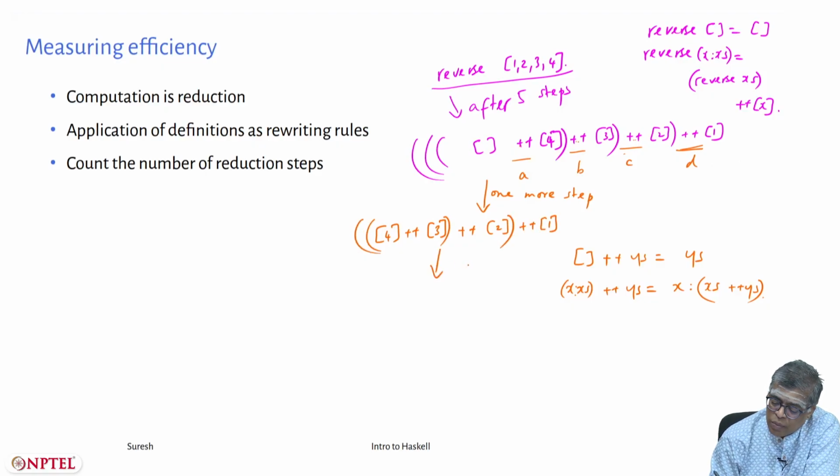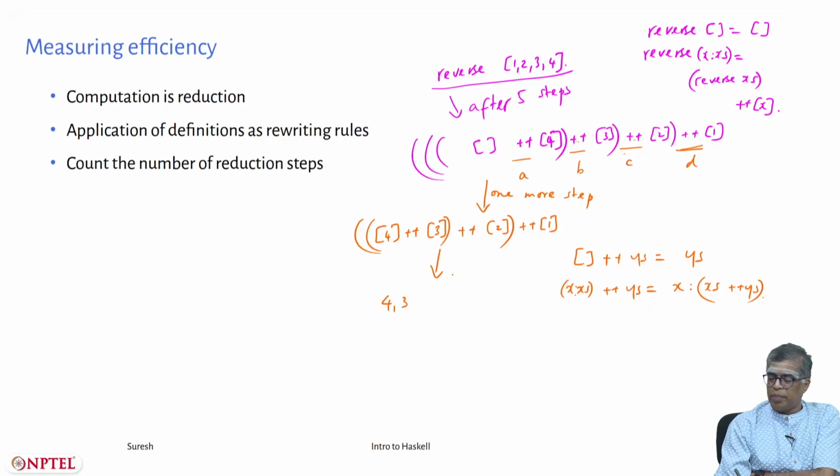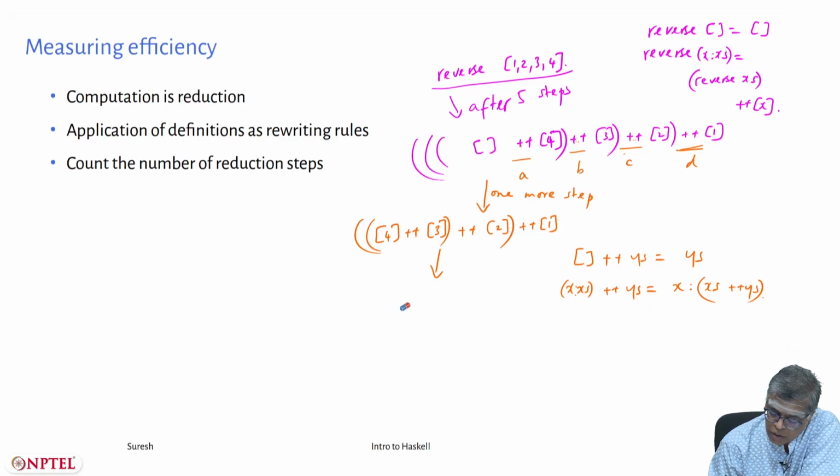Okay. After one more step you will get 4 followed by 3. Let's assume it's just one more step. Technically speaking, you have to say 4 is 4 followed by empty list, and empty list, yeah, so it's just one more step, 4, 3. I don't need the parenthesis.